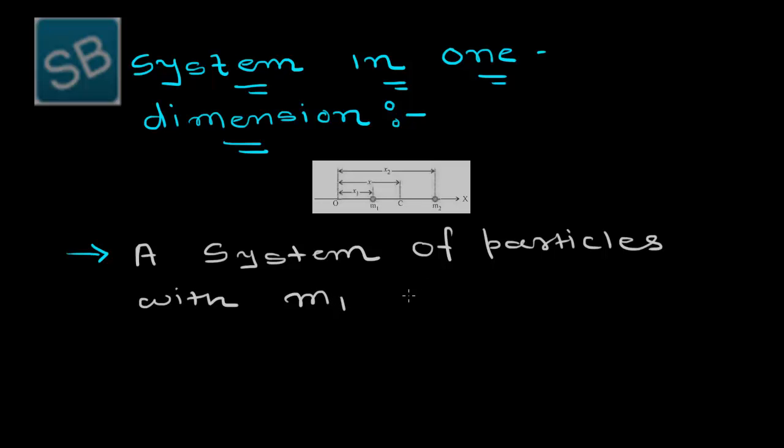The first particle has mass m1 and the second particle has mass m2. These are the two particles at different distances.